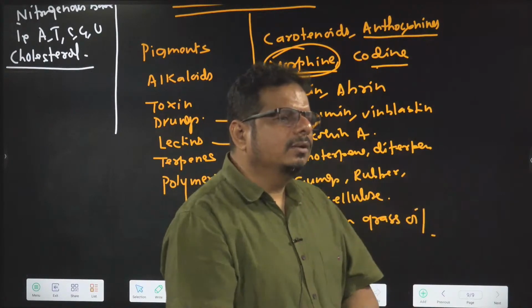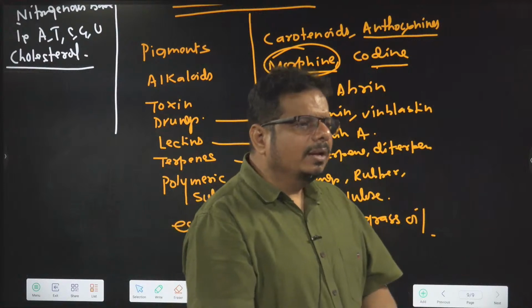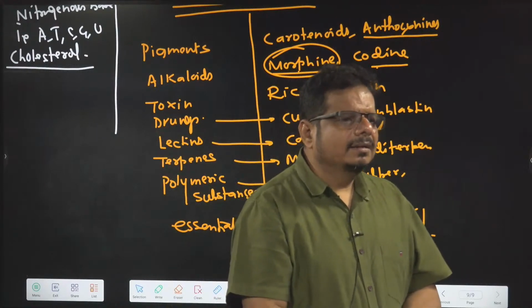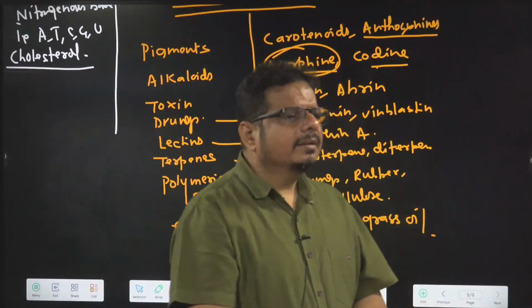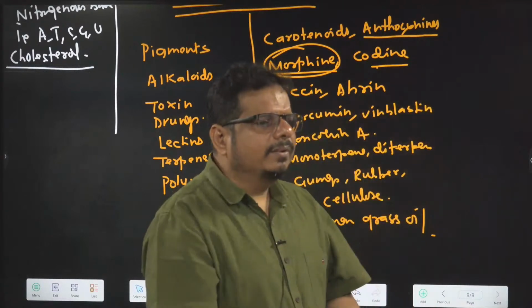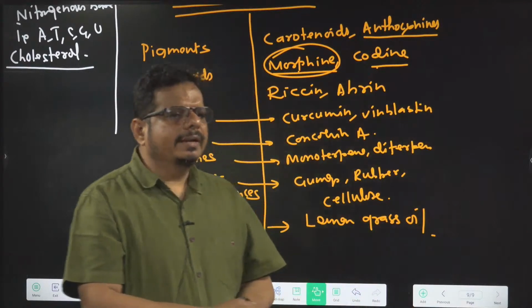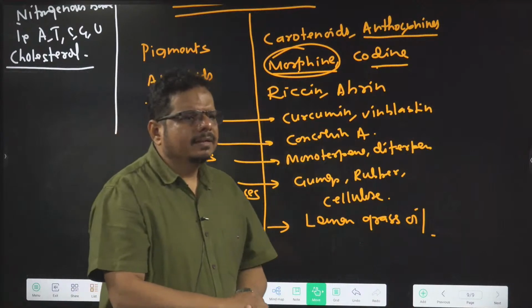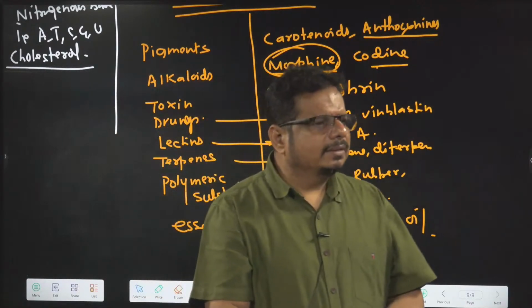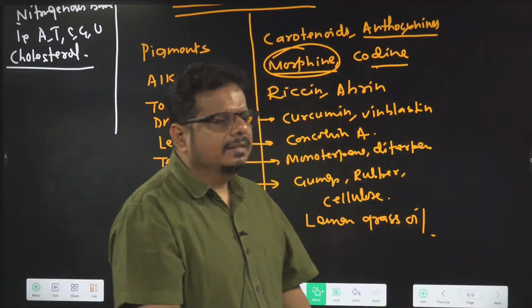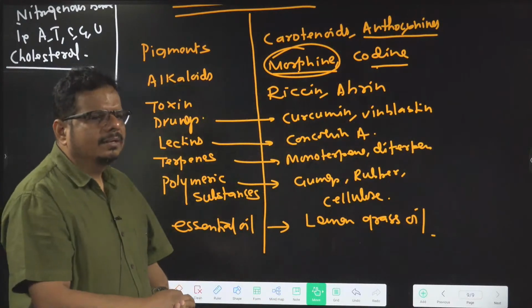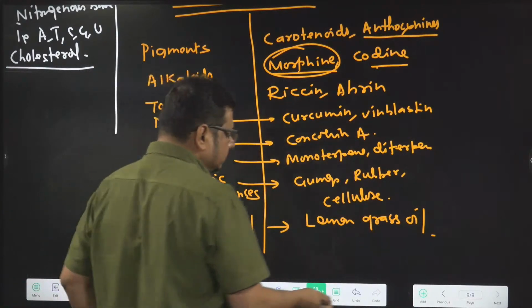What is the physiological role of caffeine in plants? We don't have much idea. But it is used for the welfare of human beings. So you got the idea about these secondary metabolites. Is it clear in the mind? Over. Now we are moving ahead.